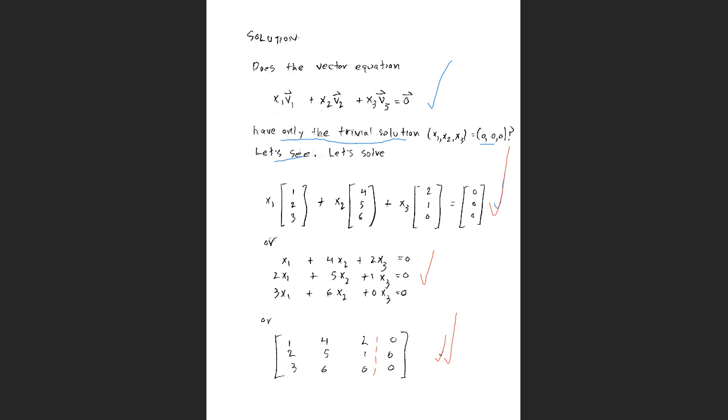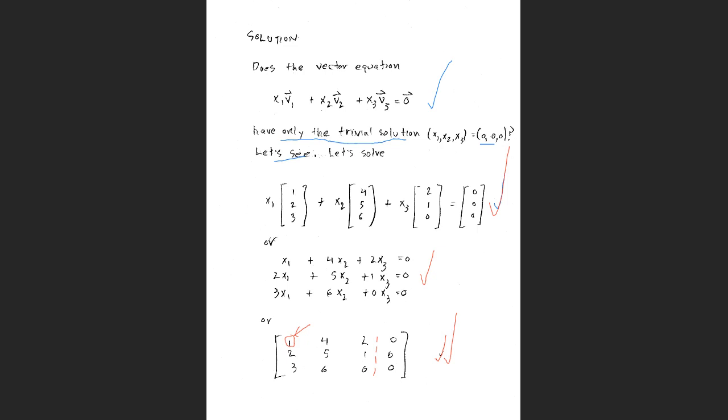Okay, we're going to do the row operations to reduce this. What's that one called there in the first row? Good, everybody, it's a pivot.